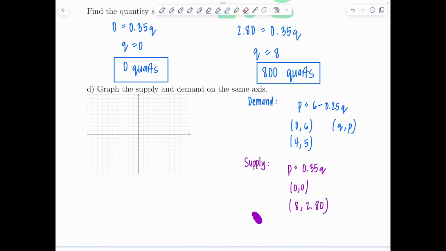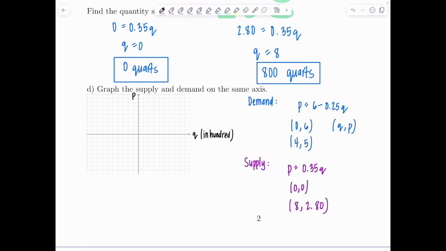Okay, so let's make sure here we label our axes so you keep it straight. Q is where the x-axis usually is, and then P is the y-axis, okay? And then Q is going to be in hundreds, so I'm not going to actually plot 400, 800, right? We're going to plot 0, 4, 8, like that.